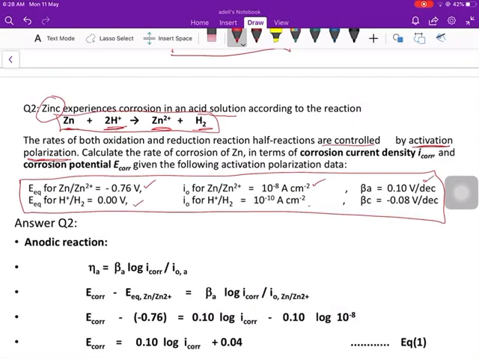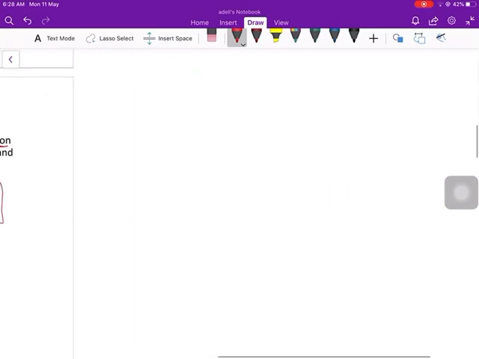For the metal, the top value and the bottom value is the cathodic reaction. What you need to do is calculate the corrosion current density, I corr, as well as the corrosion potential.